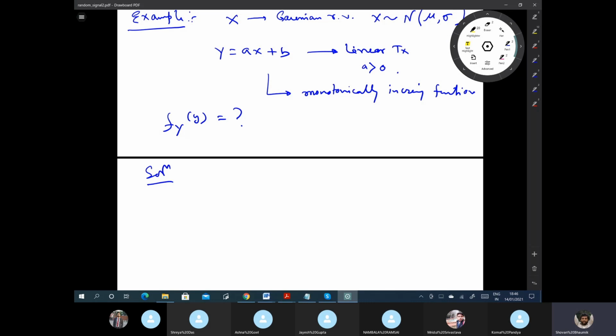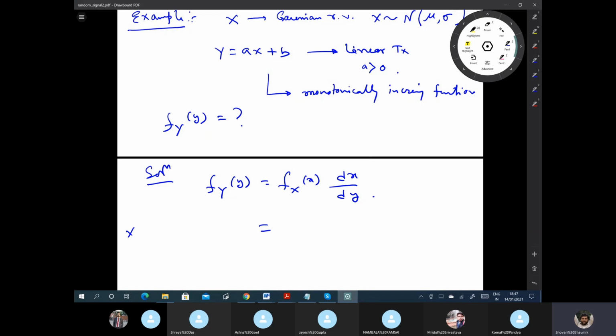Okay, so using the formula, it's very simple. As it is linear and monotonically increasing, f of y will be equal to f of x, small x, times dx by dy. So what is f of x?